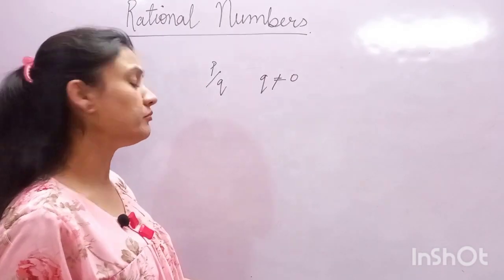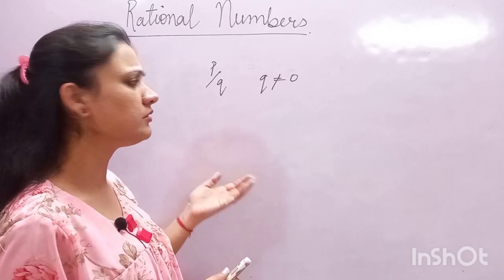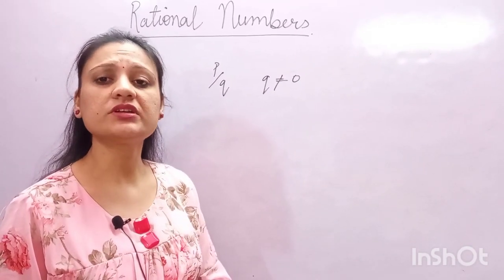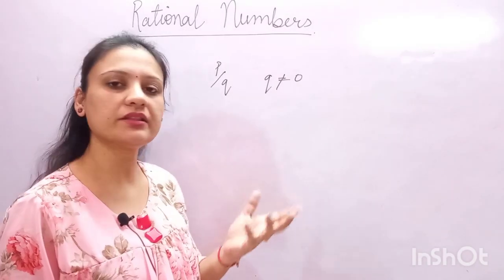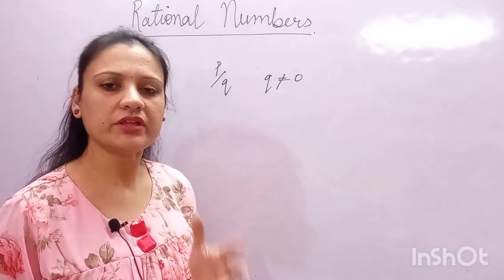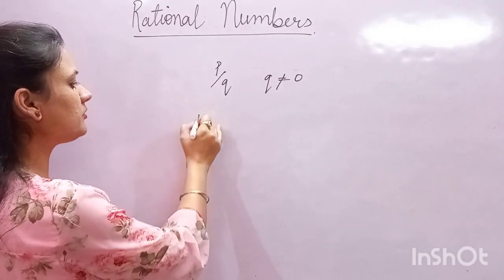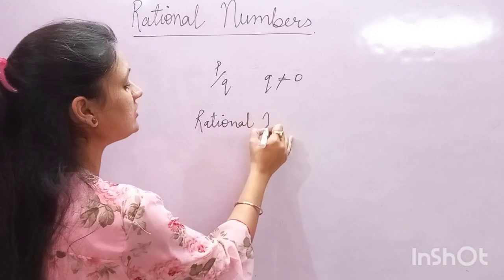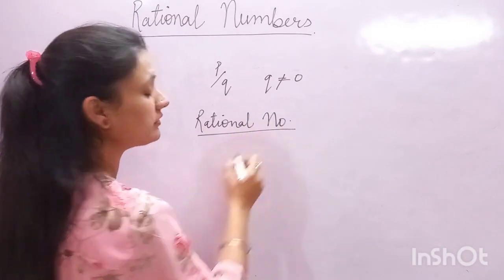But you must be wondering, even fractional numbers we used to write in the form of p by q. So what is the difference between the rational number and the fractional number? Very simple. All the numbers which you can see on a number line are rational numbers.